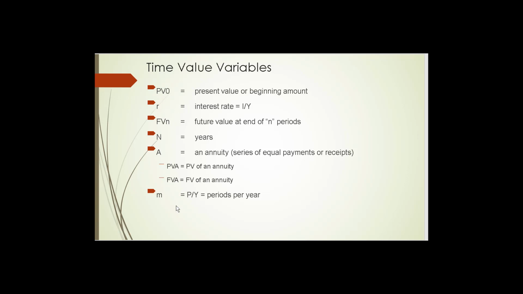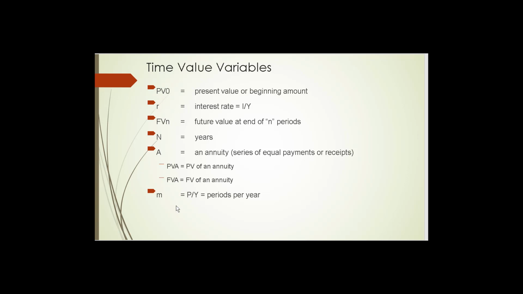So PV0 is the present value or the beginning amount. R is the interest rate. That's the interest rate per year. FV subscript N is the future value at the end of a certain period of time. N is the number of years. A is an annuity. So another way to say this, an annuity is a payment.